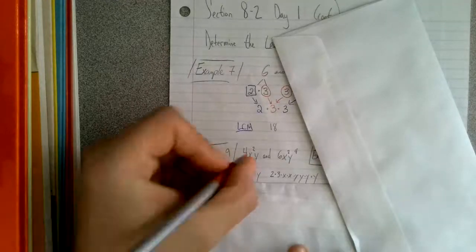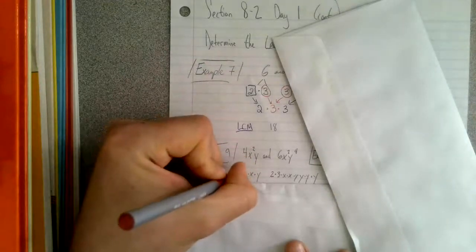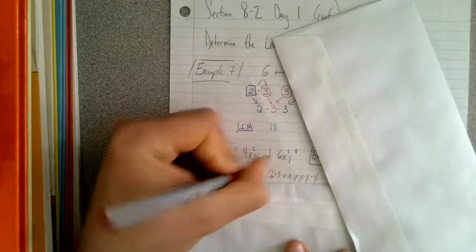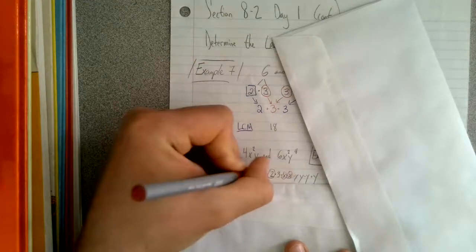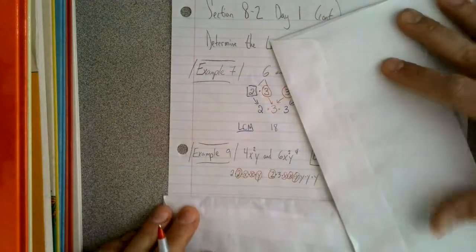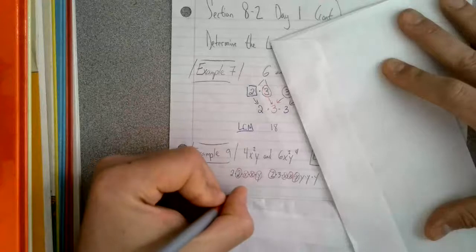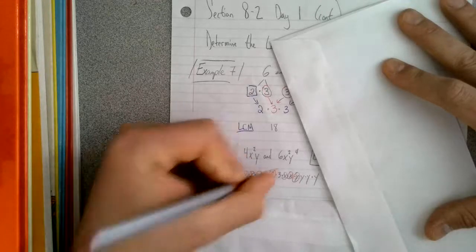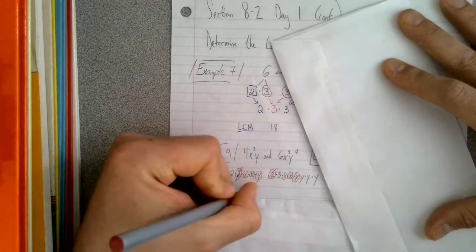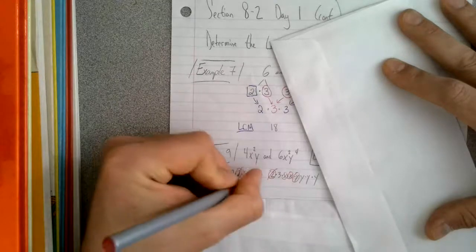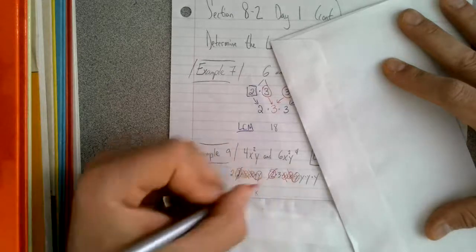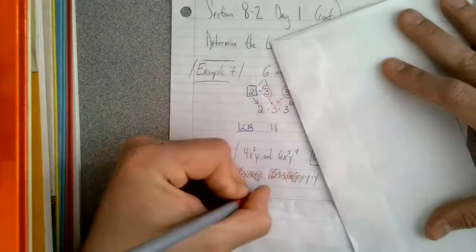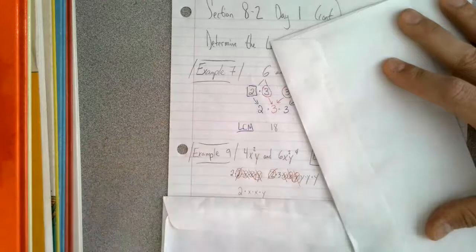Now, the first thing I'm going to do is look for and circle any factors that are shared in common between each monomial. So I have a 2 that's going to come down. I have 2 factors of x that are also going to come down, and 1 factor of y that's going to come down.